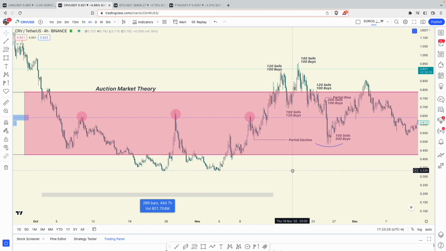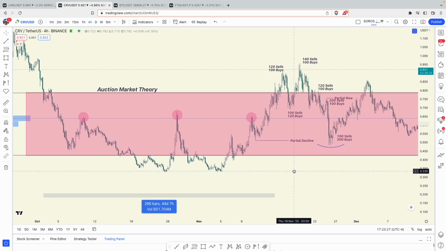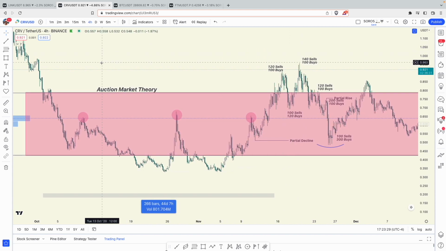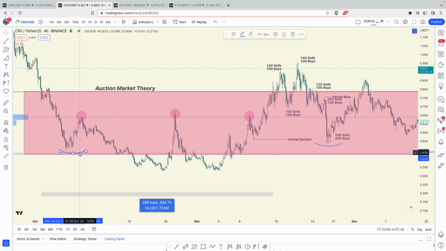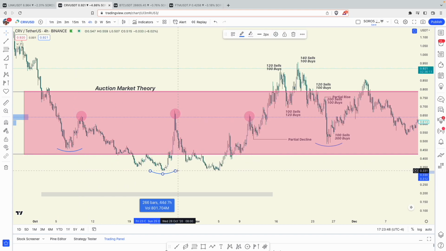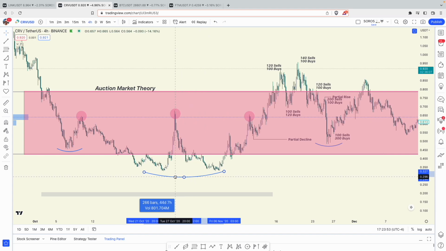I use this as a potential momentum shifting structure. I know I posted one today on Solana, but the idea would be you have your established low within the value range right there. Then you have your lower low here, kind of like an accumulation manipulation.